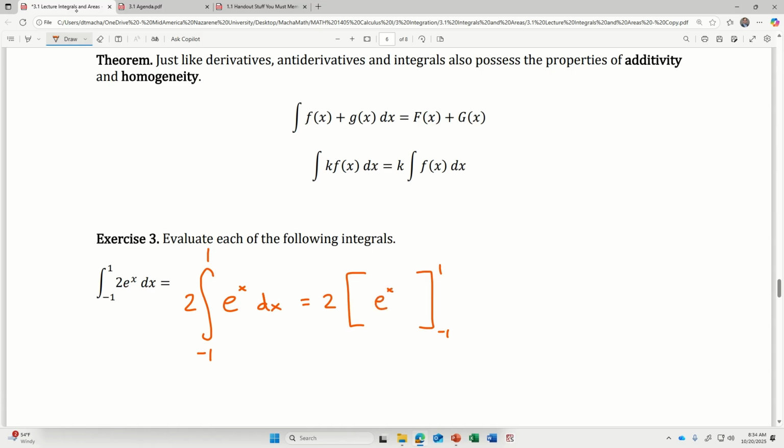E to the x. And so I plug in 1 and I plug in -1, I get e to the 1 power minus e to the -1 power, and I get like 2.350, but then I multiply by that 2 that I took out of the problem from the beginning, and I get 4.701.